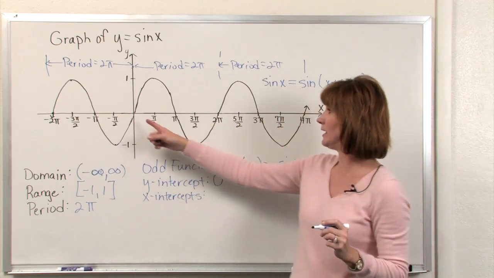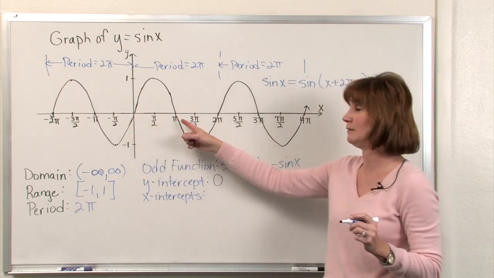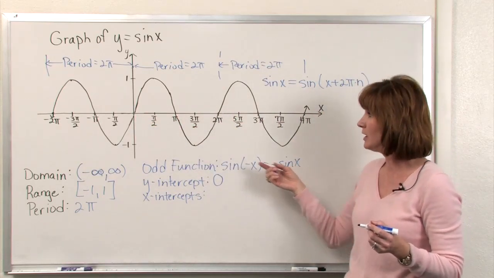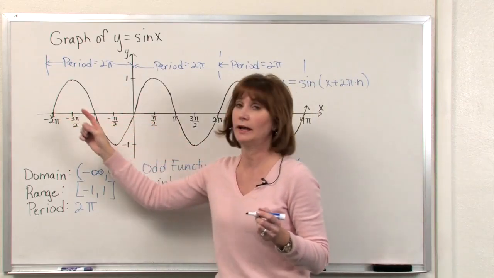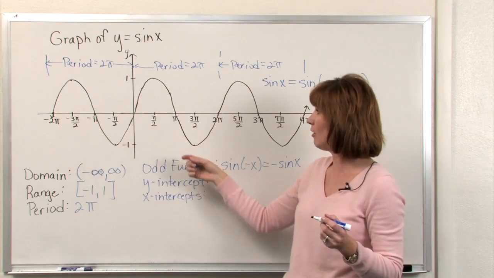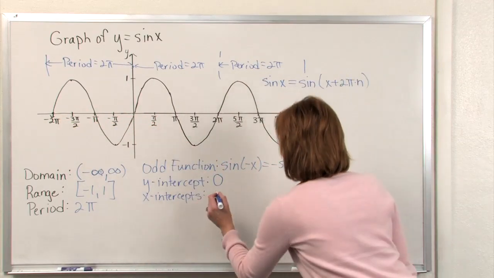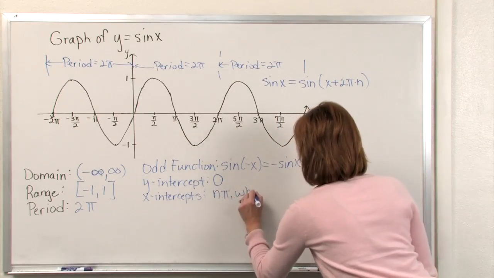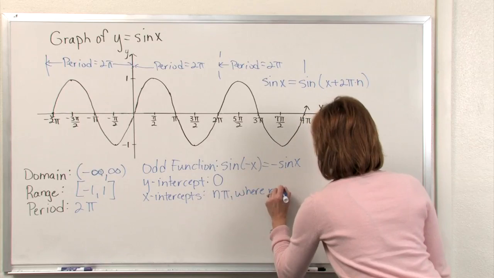One x-intercept is at 0, and then pi, and then 2 pi, and so on. Do you see the pattern? So the x-intercepts are at all multiples of pi. So we can describe that by just saying n pi, again, where n is an integer.